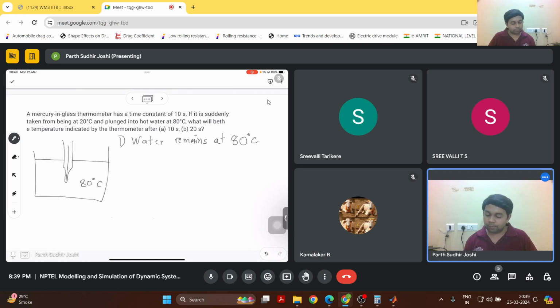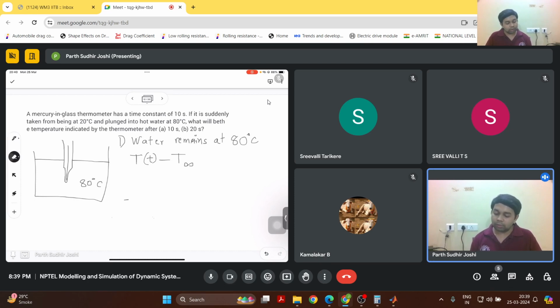Now let us say T is the instantaneous temperature indicated by the thermometer at time t, and T infinity is the surrounding temperature. So we'll assume here that the surrounding temperature is constant, which is the temperature of the water.